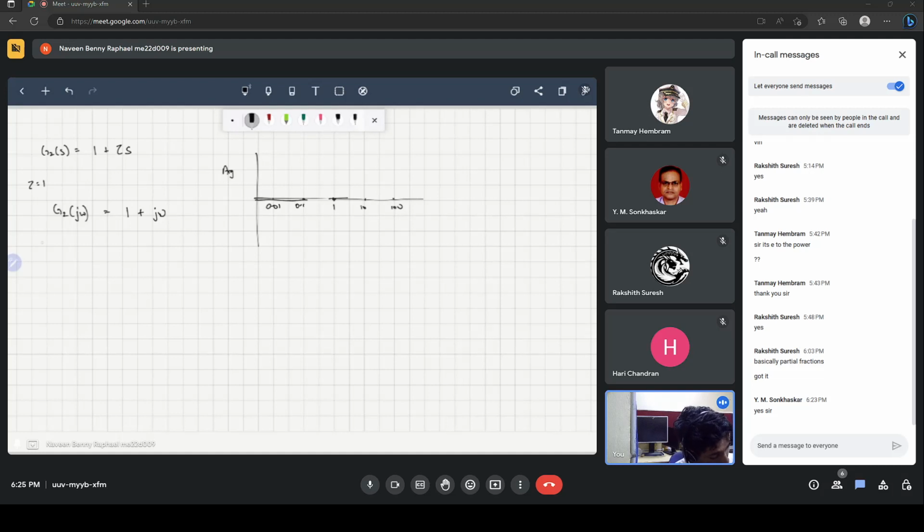As omega becomes larger than 1, naturally the argument will be closer to pi by 2. I hope that's reasonable. So this is pi by 4 and this is pi by 2. If omega is like 10, it has reached pi by 2, and in between, when omega is equal to 1, it will be 1 plus j, and there the argument is pi by 4. So this is how it will look.